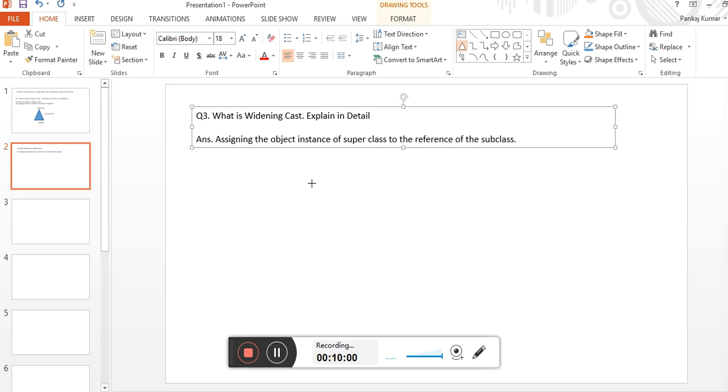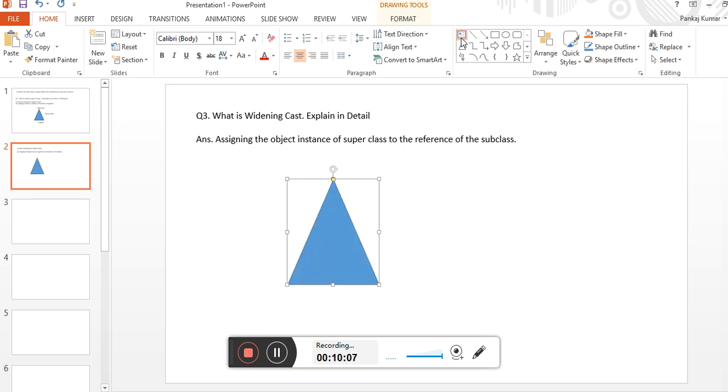In the same way, this is the superclass, and this is the subclass, because it has a wider perspective or more information.